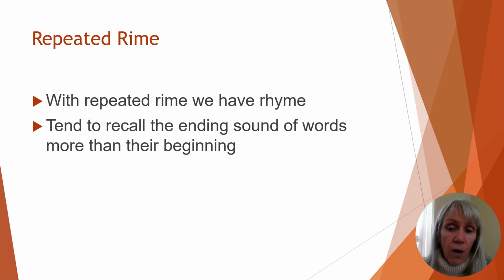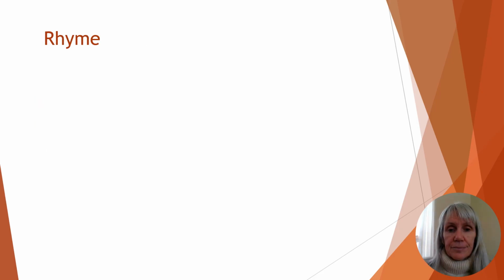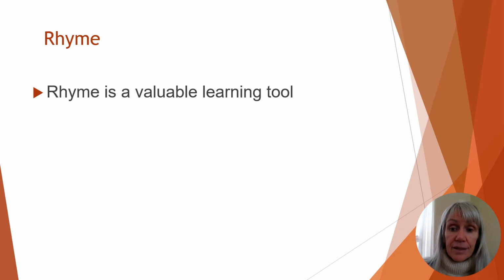And this is why rhyme, R-H-Y-M-E, is so good for the memory. It helps us to store those words in our brains and to make them easier to recall later on. So we tend to recall the ending sounds of words more so than we do their beginning. Rhyme, then, is a very valuable learning tool.